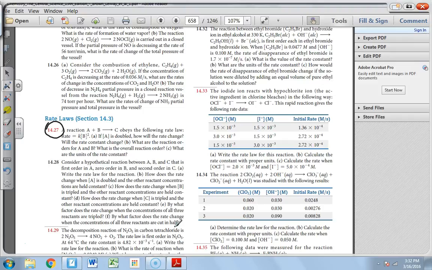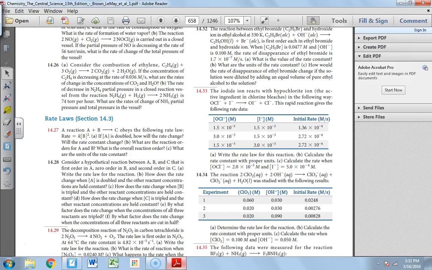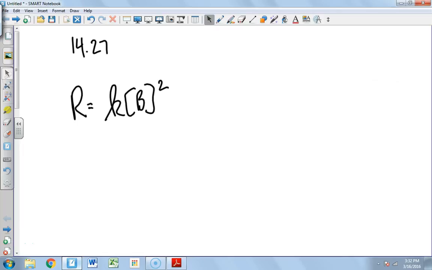The rate law is R equals K, and then [A] [B] squared. Now, the interesting thing here is that it says if A is doubled, how will the rate change? Well, this is a relationship that we can look at just using the rate law.